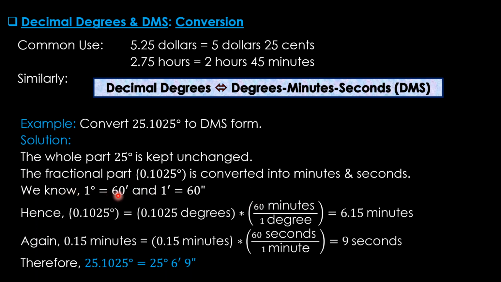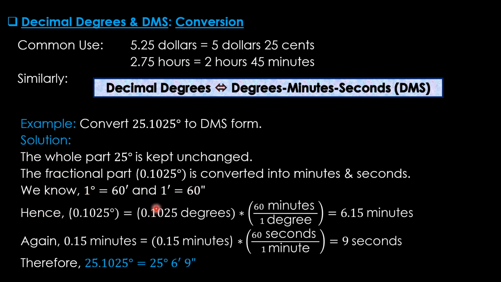We know 1 degree equals 60 minutes and 1 minute equals 60 seconds. By the way, these minutes and seconds are units of angle. Don't confuse them with time. Those minutes and seconds are different. The minutes and seconds we are talking about here are related to smaller angles.